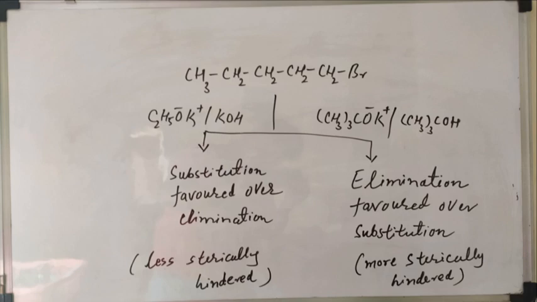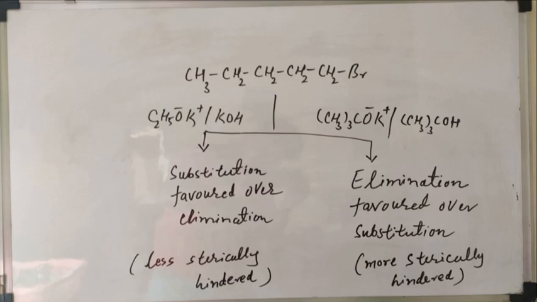Rather, it is easier for this base to abstract the beta hydrogen and favor the elimination reaction. Whereas potassium ethoxide favors the substitution reaction over the elimination reaction.